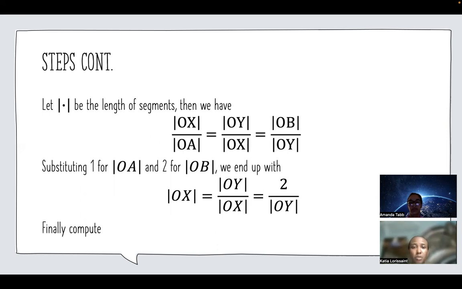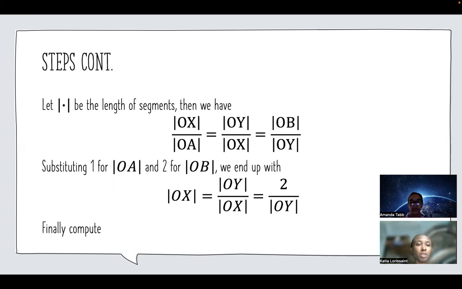And also we're setting those proportions because, again, similar right triangles, we can set a proportion to find the side length.